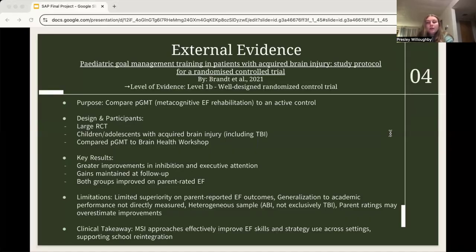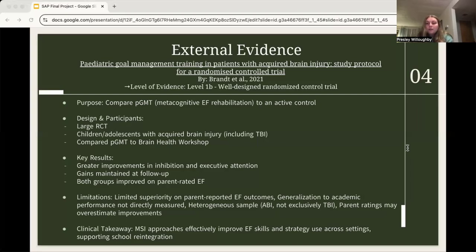The results showed that while both the treatment and control groups improved on parent-rated executive functioning, the GMT group demonstrated significantly greater improvements on inhibition and executive attention tasks. These gains were maintained over time, supported by follow-up data from a later long-term study.